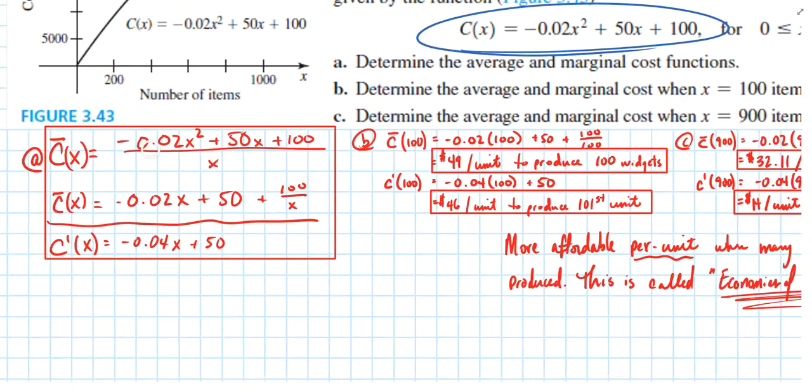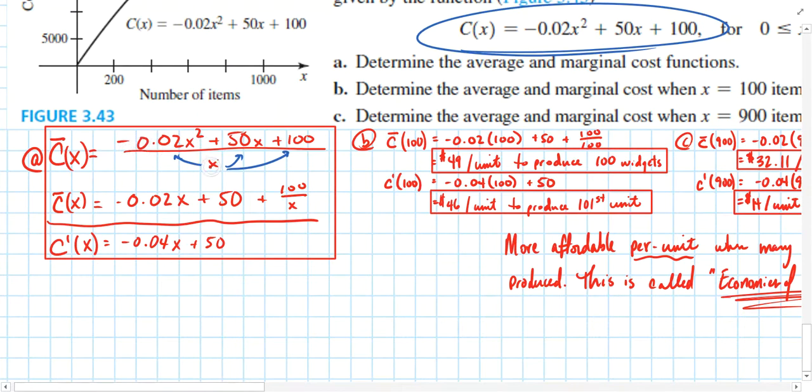And so our average cost, of course, is our cost function divided by x. We could leave it like that, but what I ended up doing was I divided all three of these terms by x, just to make it perhaps a little more appealing. So we don't have this giant fraction, we just have one fraction at the end.